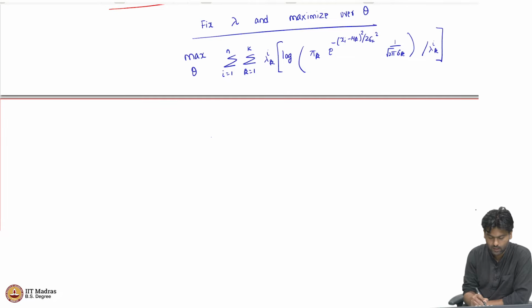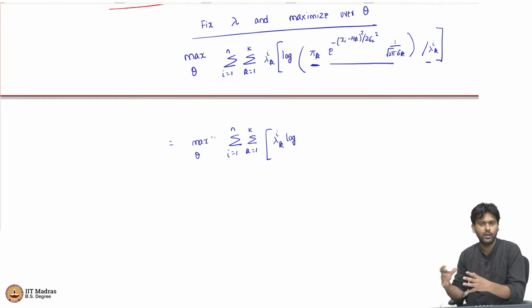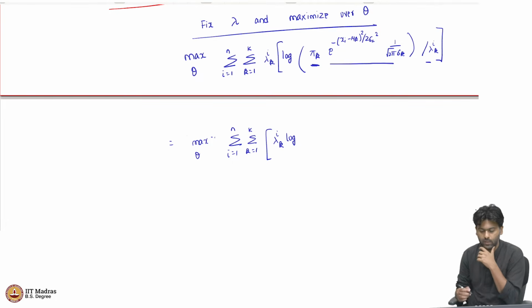Well, this is the same as maximizing over theta, sum over i equals 1 to n, sum over k equals 1 to K, lambda i k log. Now I can think of this as there is a product sitting inside the log, so that will become a sum over logs.